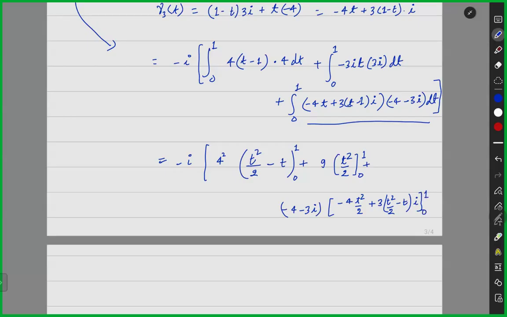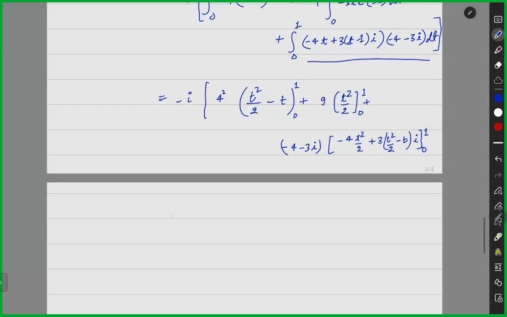Now we can solve it, right? How? Minus i here. Inside we have 16 into t square. When t is equal to 0, this is 0. When t is equal to 1, this is minus 1 by 2 plus 9.